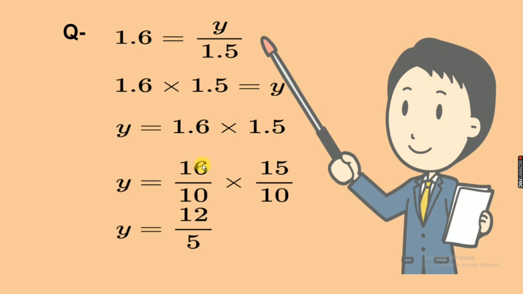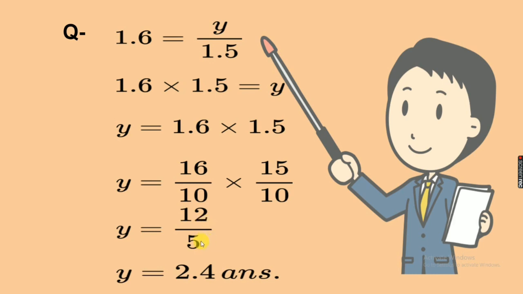Again we can simplify it. 2 1s are 2, 2 8s are 16. Further simplifying it, we get y is equal to 12 upon 5. So we got the value of y, that is 12 upon 5.